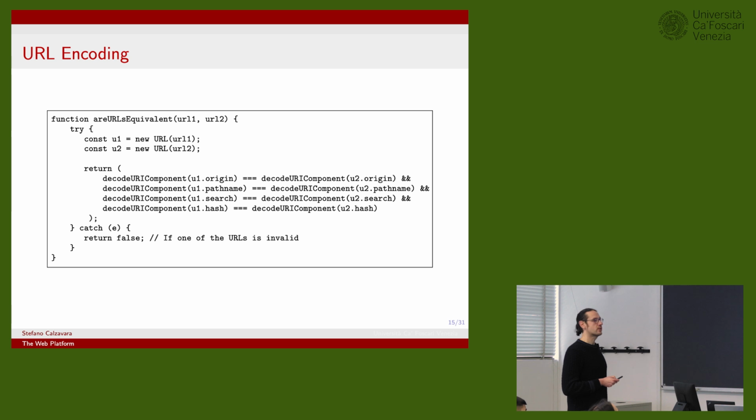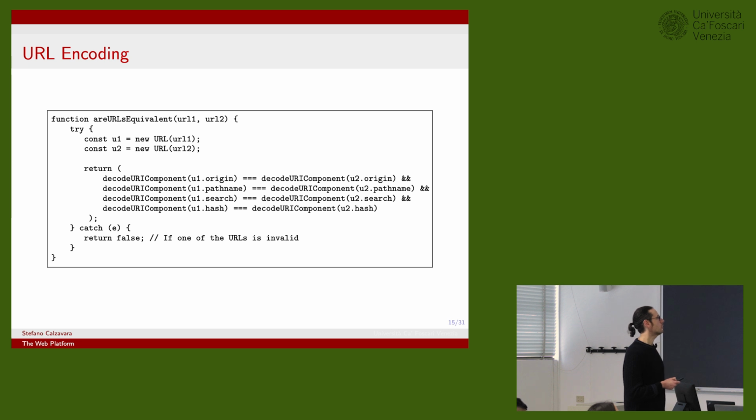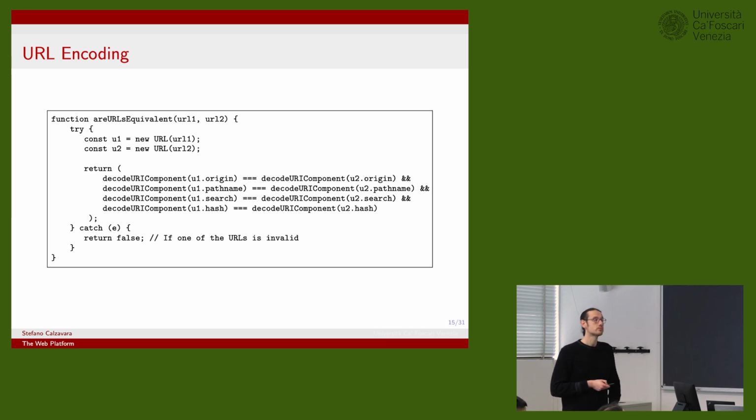It performs parsing by creating URL objects as we discussed in the previous slide. And afterwards, all the components of the parsed URLs are compared after performing the decoding. This exception here is useful to catch the cases where one of the URLs is not valid.